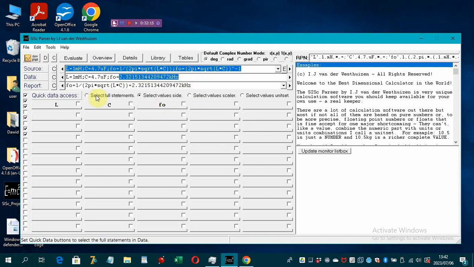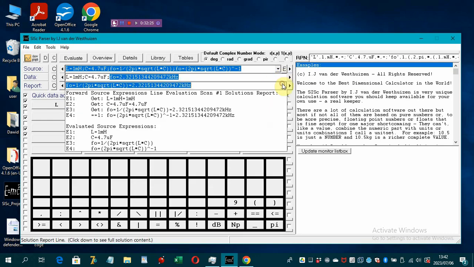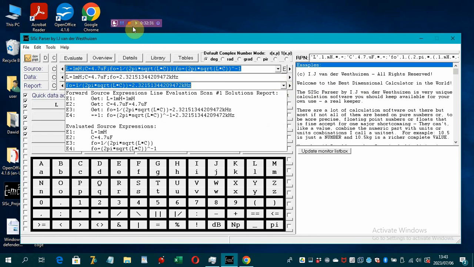So I can select the full statement there, and FO is 2 point whatever, and the formula is given to you. So that is a full solution to get the resonance frequency of an LC circuit. Interesting powers this parser has, and it does it in no time. You just have to set up the formula and the variables.